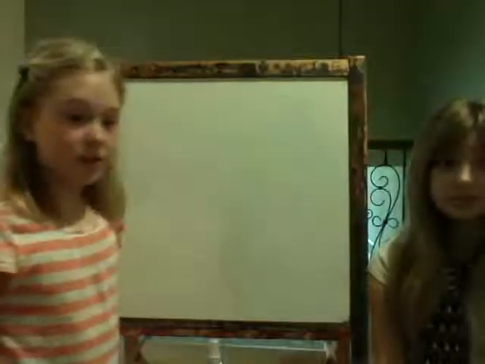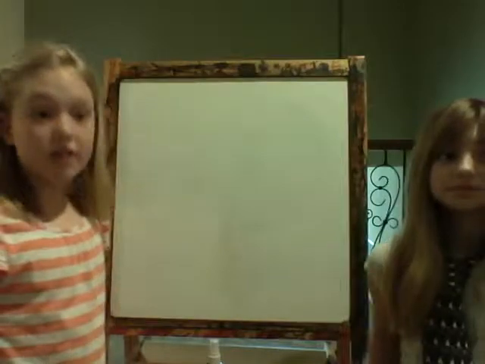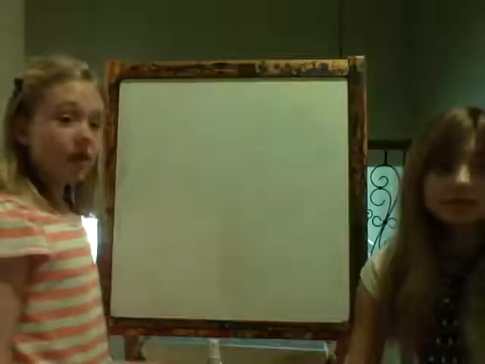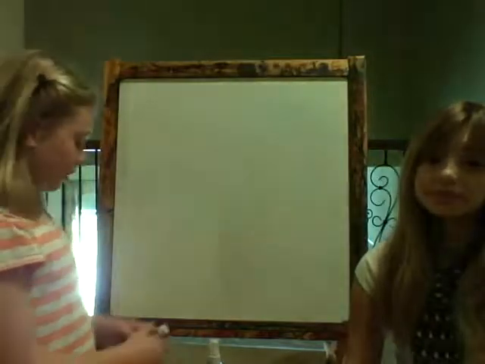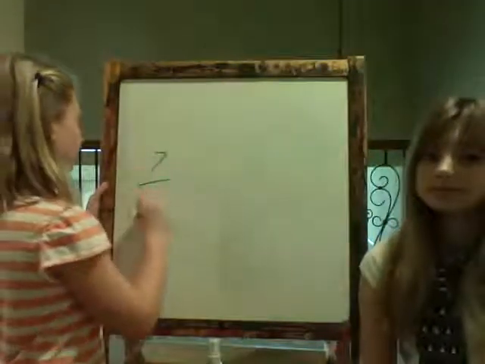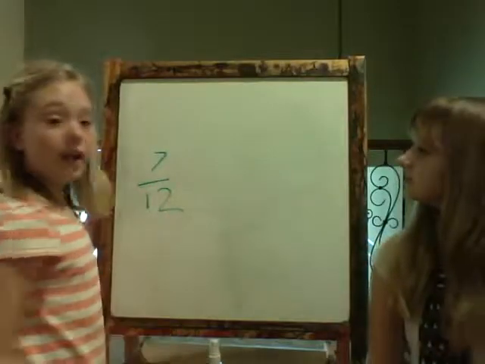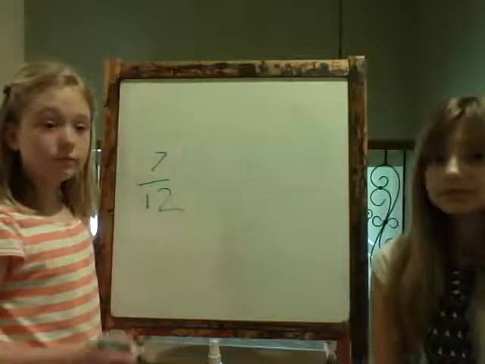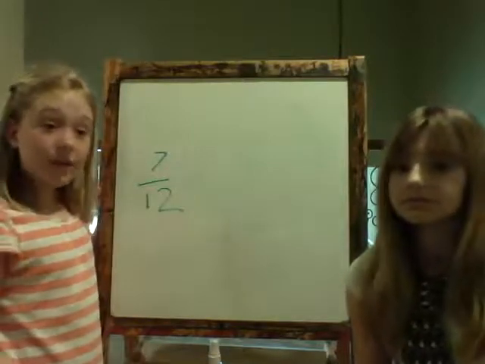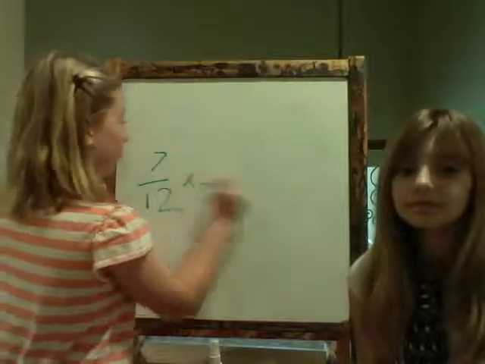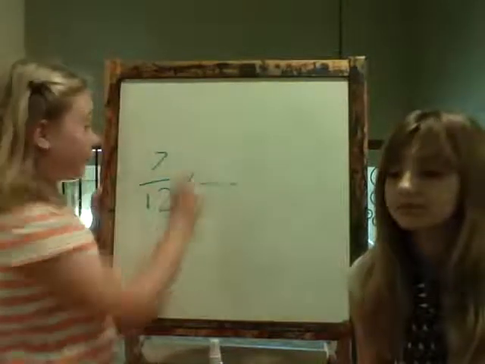Well, you have asked the right person. The way you compare 2 fractions is to cross multiply. I will now explain how to cross multiply. So say you have, let's say, 7/12 compared to 3/4.